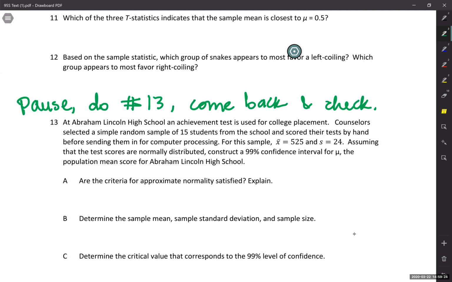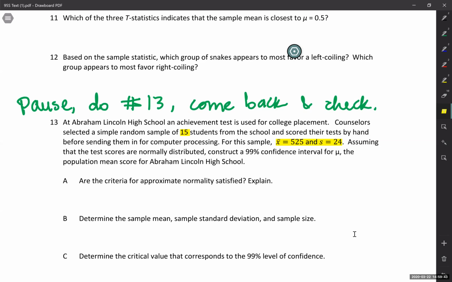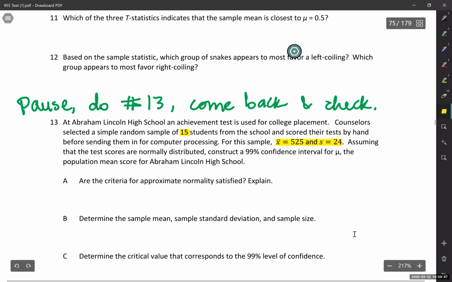And so here we have a high school using a test for college placement, and it gives us a sample size, and we have already given the mean and the standard deviation, and then we are going to assume that the test scores are normally distributed, and then finally it gives us our confidence interval.